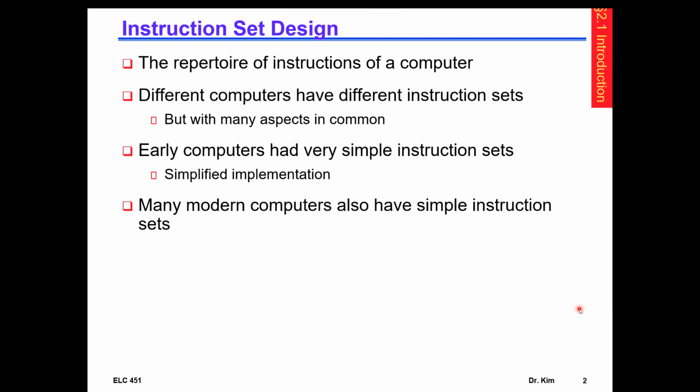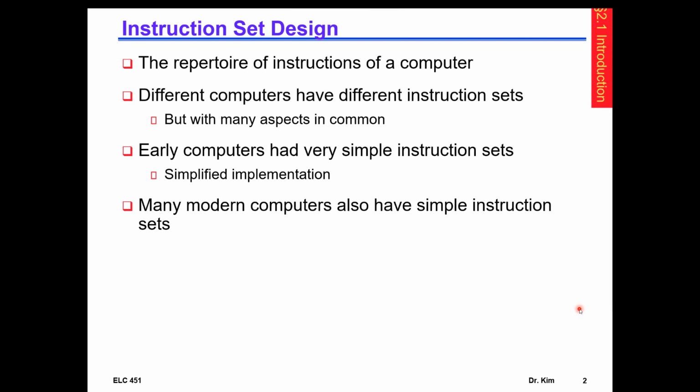We're going to see different approaches to architecting processors, but we're going to end up with the one that is used the most these days, which is a load-store type of architecture, also called RISC, for reduced instruction set architecture.